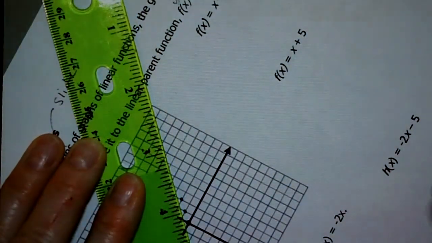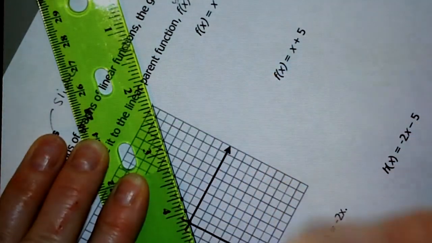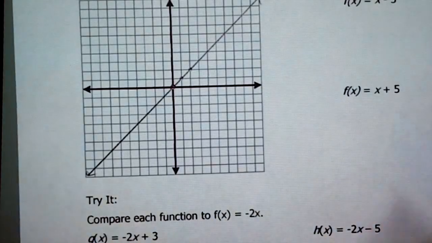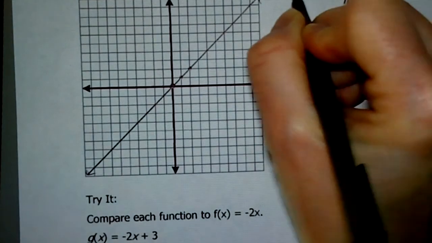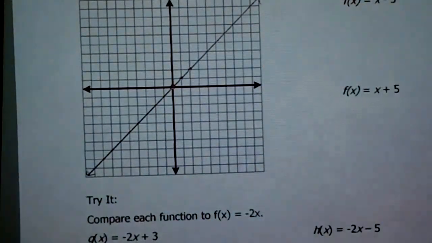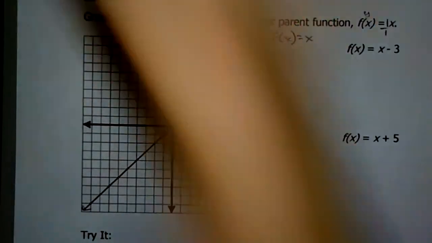Should go all the way through the middle. The most basic one of all. Alright. So there's the first one, and I'm going to label this. This is f of x equals x. You should label them whenever you have several equations on a line.